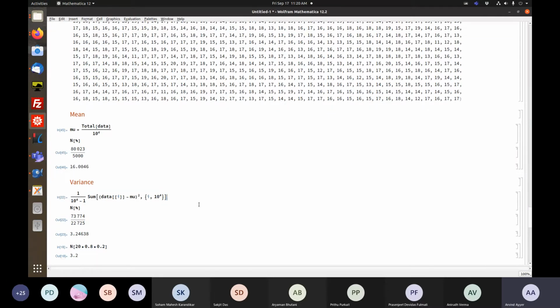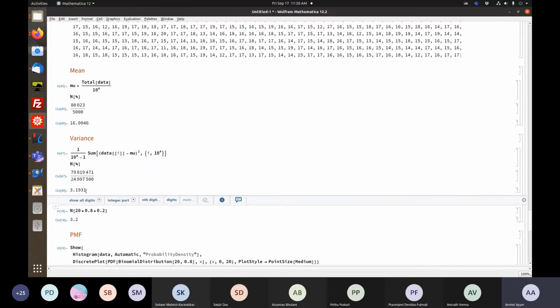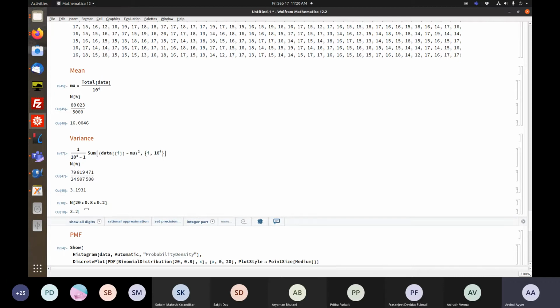So I am taking the sum of these ith data points minus mu, the sample mean, whole squared, and dividing by n minus 1. Let me do this afresh, and I get 3.19 roughly. And if I do np times 1 minus p, I get 3.2. Okay, so this works quite well.